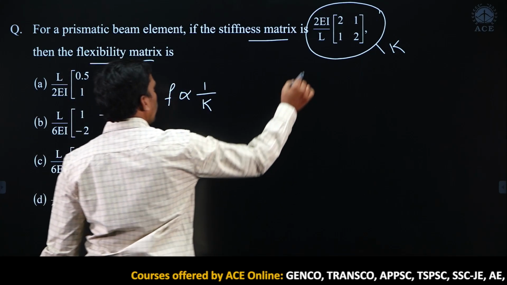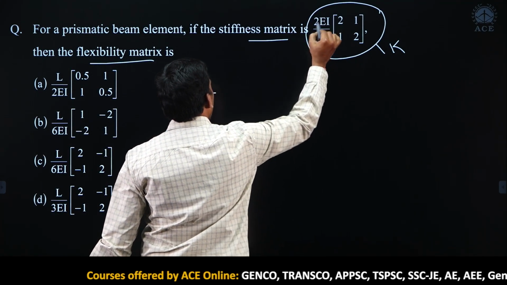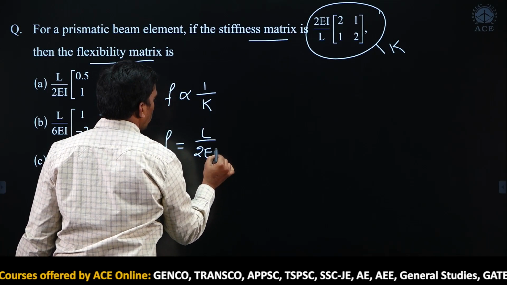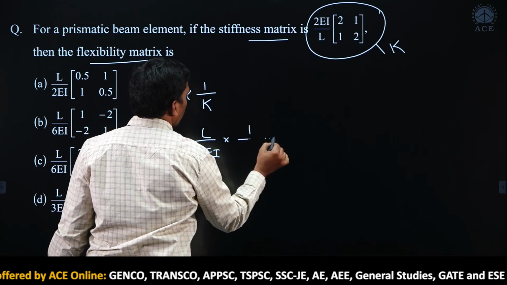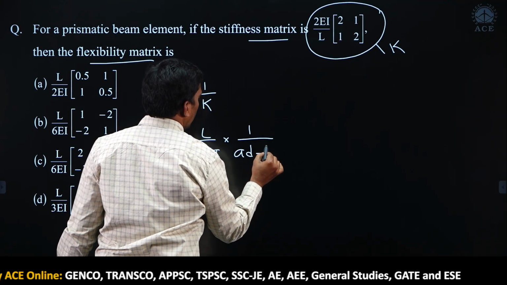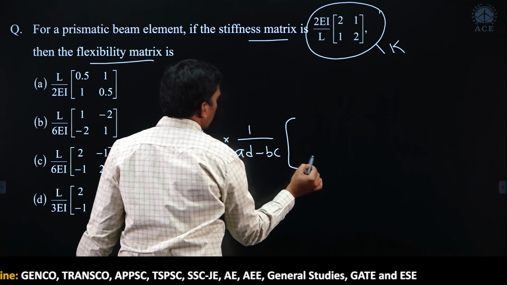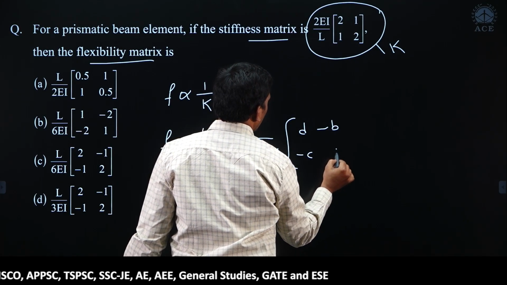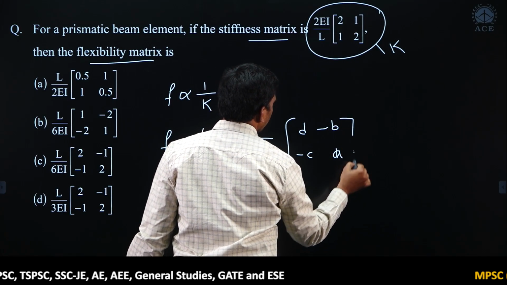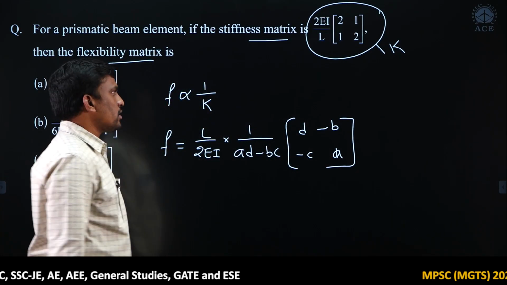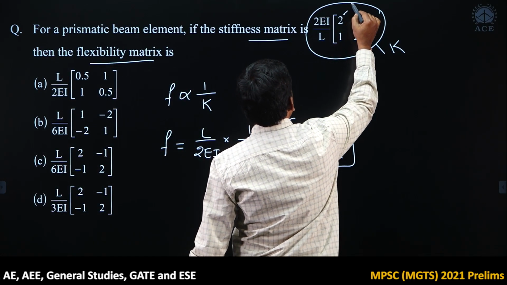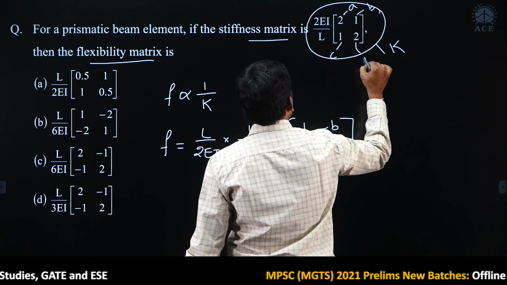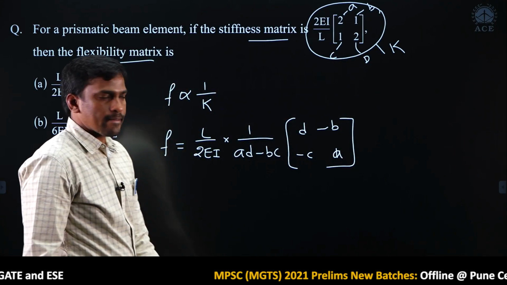First, invert this outer part, only the outer part, then this is L by 2EI into 1 by (AD minus BC), then this is D, minus B, minus C and this is A, inverse. So here this 2 is A and 1 is B and this is C and this is D, okay.